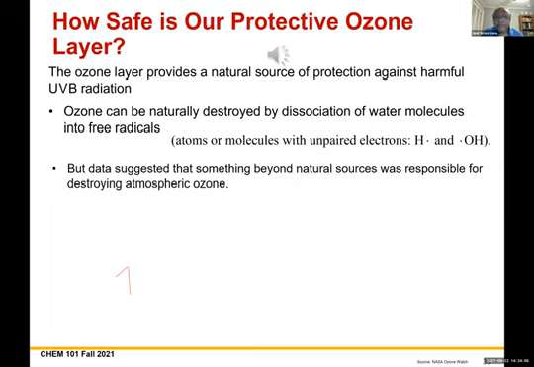But water is not the problem. Water is already there in the atmosphere, and a steady state of ozone is maintained. It seems something beyond natural sources was responsible for destroying the atmospheric ozone layer. Water was not the problem.